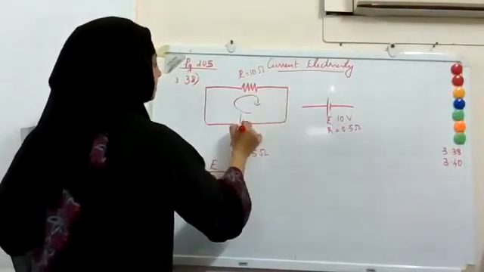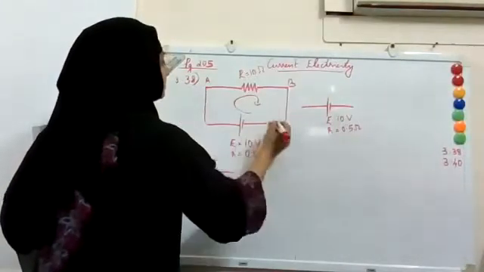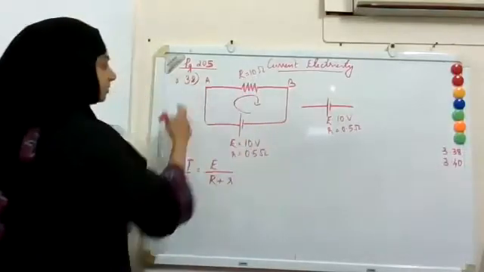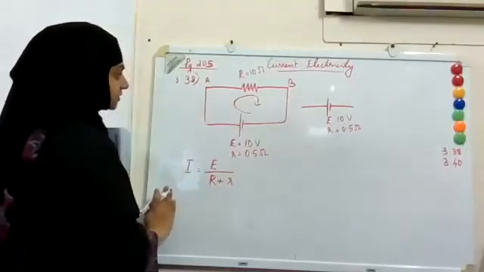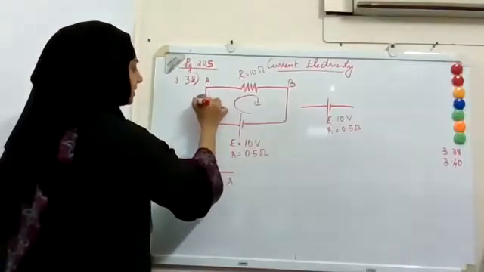So starting from maybe, let me name these points as A, B, E, A. Okay, we are going this way. If you are using Kirchhoff's formula, let us start from here. Let I be the current.